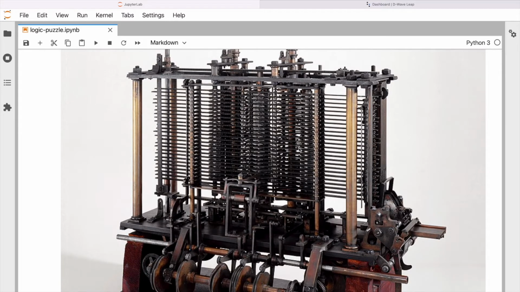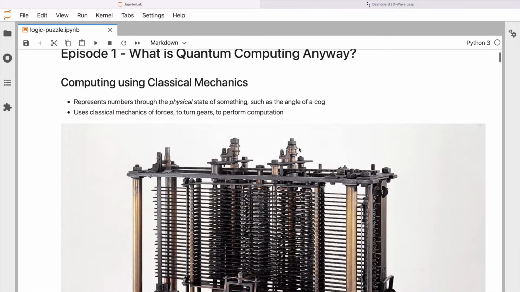This is essentially computing using classical mechanics, representing numbers through the physical state of something such as the angle of a cog, and using the classical mechanics of forces to turn gears and ultimately perform computation. So there we're using the natural laws of physics, albeit the physical laws of mechanics, to perform computation.